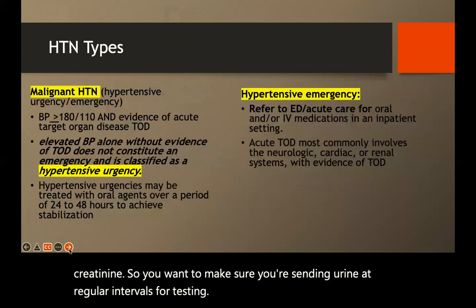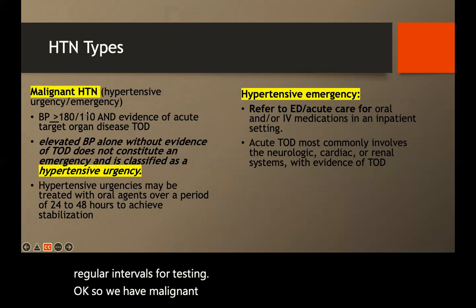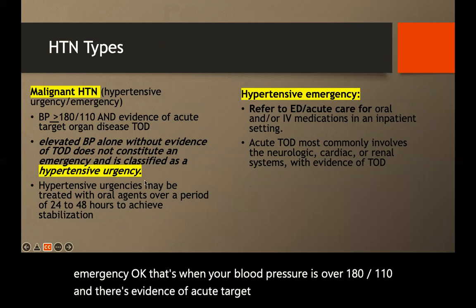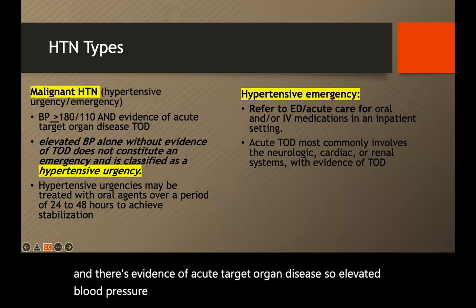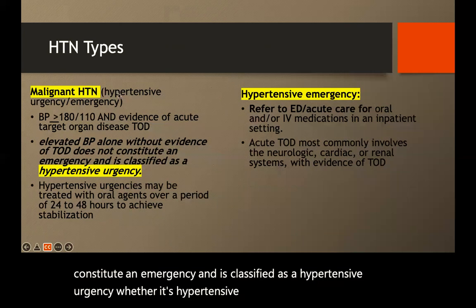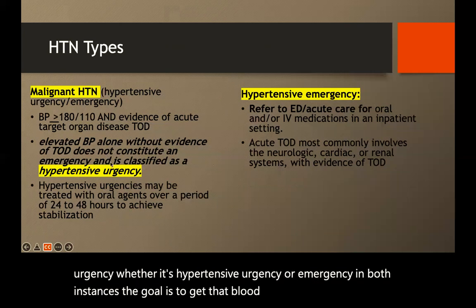Okay, so we have malignant hypertension, or hypertensive urgency or emergency. That's when your blood pressure is over 180 over 110 and there's evidence of acute target organ disease. Elevated blood pressure alone without evidence of TOD does not constitute an emergency and is classified as a hypertensive urgency. Whether it's hypertensive urgency or emergency, in both instances, the goal is to get that blood pressure down as soon as you can.